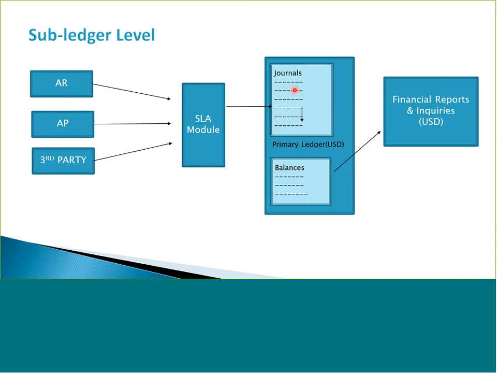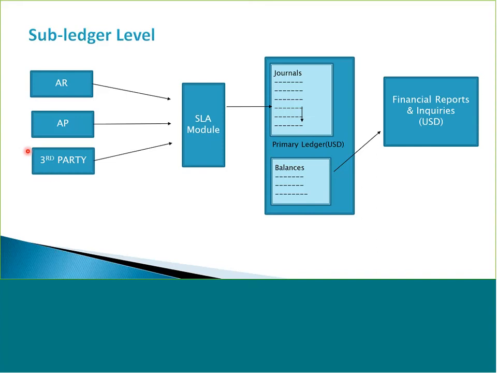Once we post those journals, they would be replicated and posted in our reporting currency ledger. Remember, we are assuming that this is the journals level, right? Also, if we are entering manual journals straight into GL, we post those journals, and then they are replicated and posted in the reporting currencies ledger.